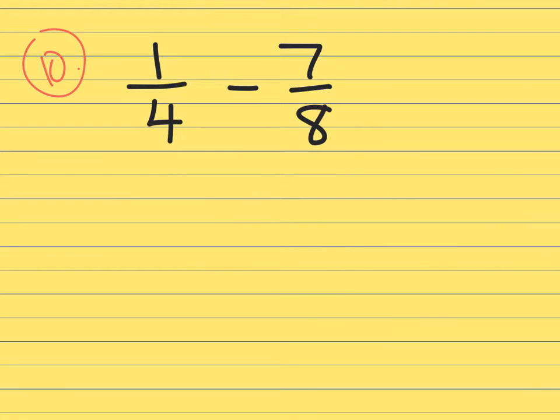What kind of problem is this? Well, I see subtraction, and I see fractions. And I know when I have fractions, I have to find a common denominator when I add or subtract. I see an 8. I'm going to try an 8. If I turn this 4 into an 8, 4 times 2 is 8.